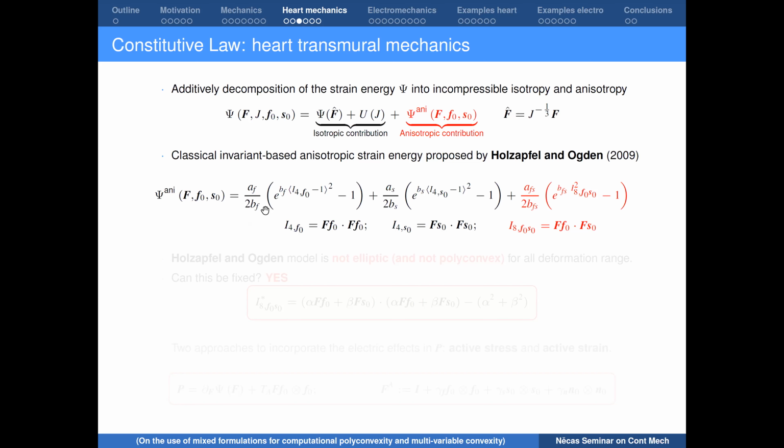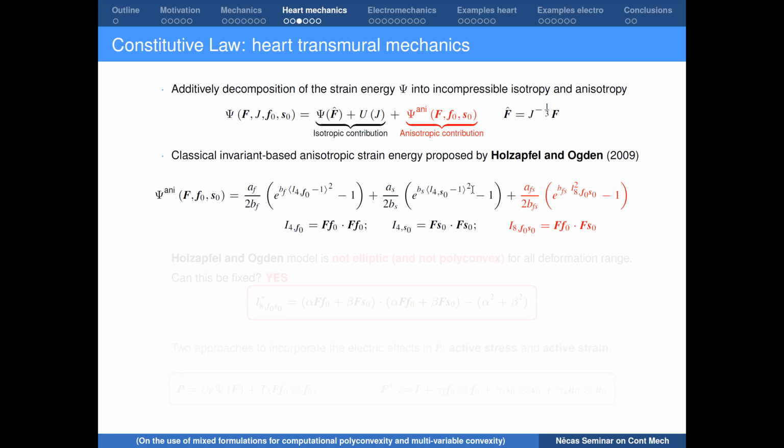The energy, by the way, is always exponential type. So you can see an exponential here, an exponential here, and an exponential here. And the exponent depends on this invariant, I4 for F0 squared, I4 for S0 squared.